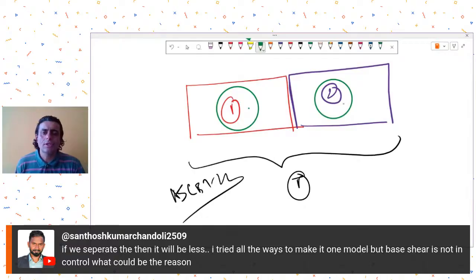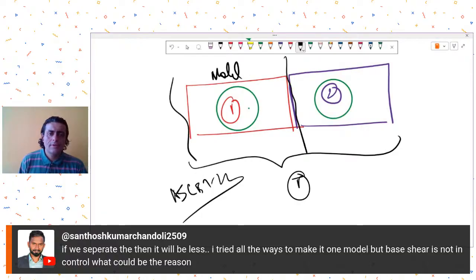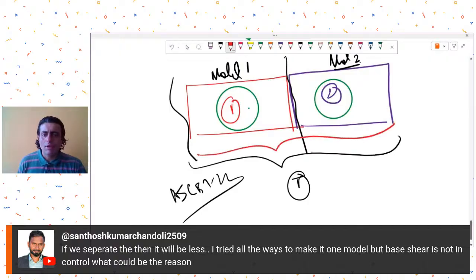Check that first. If not, then I suggest you make two models. In one model, you just model this portion. In the second model, you just model the other portion. Then in those two models, you calculate the base shear and the story level forces, and bring them to your main model, where you have modeled both portions 1 and 2 with the expansion joint.